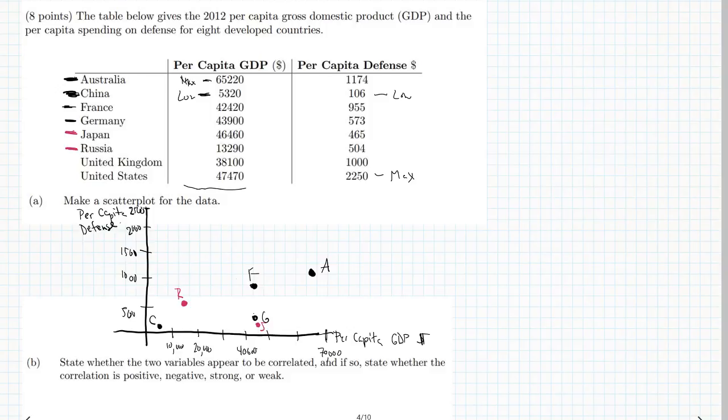So 1,000. That's the UK. And then the good old US of A, so that would be 47,470. And then we want 2,250. So we'll go right about here.